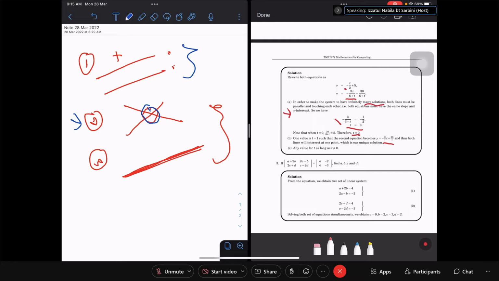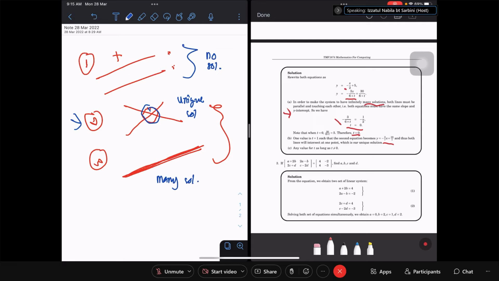You should know that for a linear system, there are three types of solution: no solution, unique solution, and many solutions. You are going to use this in chapter 2 as well, when you learn to solve a linear system.